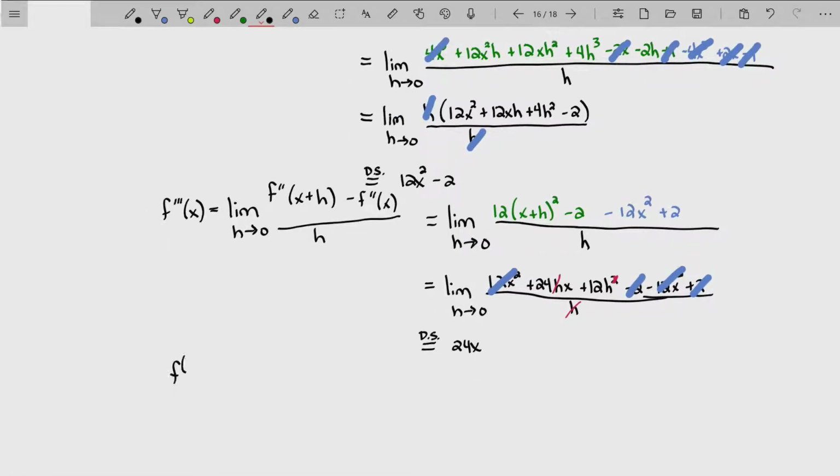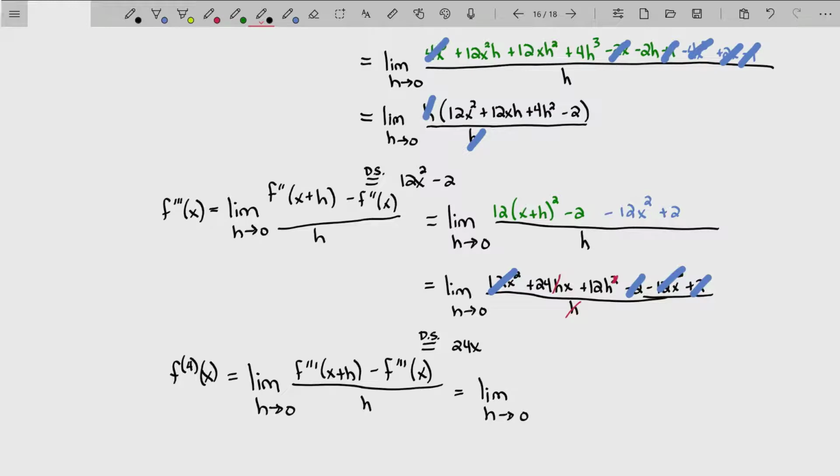Now we move to the fourth. Notice I'm using the superscript parenthesis 4. The fourth derivative is just a limit as h goes to 0 of the third derivative evaluated at x plus h minus the third derivative evaluated at x all over h. You can see this is getting faster. This is the limit as h goes to 0.